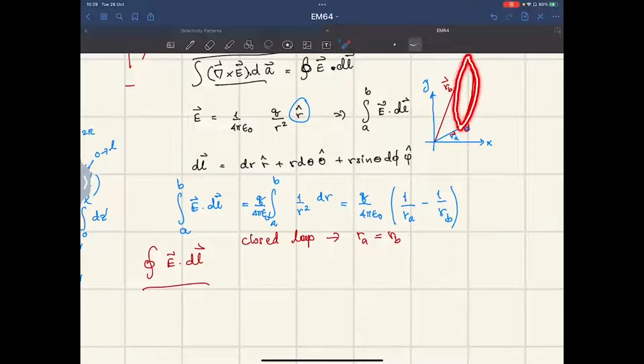If you come back to A again, yes, it is a closed loop. Is that clear? So RA equals RB, or you can say from A back to A, the same point. Any questions? No? So what is the result of this? It's 0.